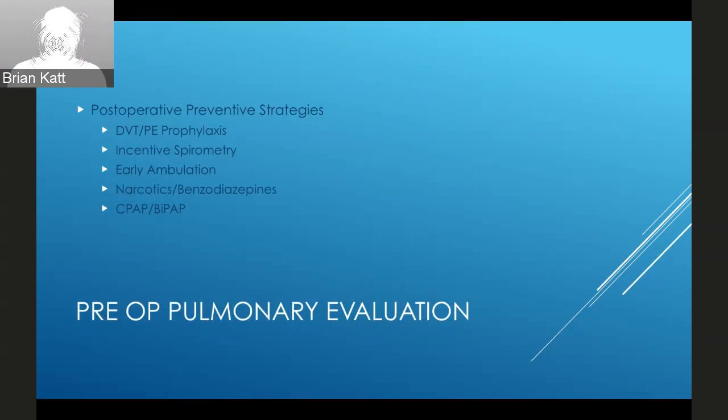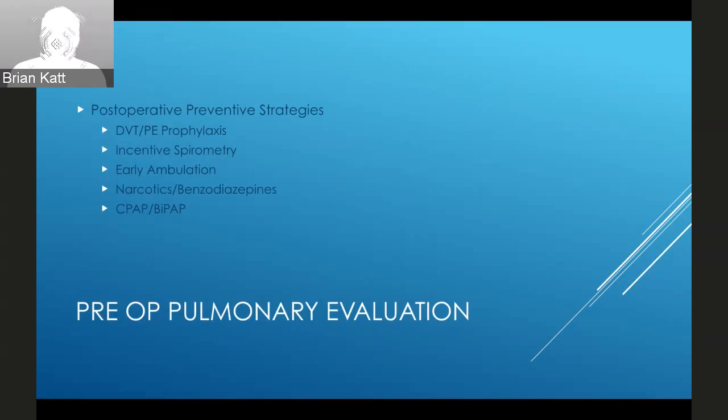And there's lots of great guidelines on how to reduce this risk, so I won't belabor that point. Incentive spirometry, though, as we look for ways to reduce problems with hypoxemia, atelectasis, pneumonia, incentive spirometry is actually ridiculously good at preventing pneumonia in the postoperative period.